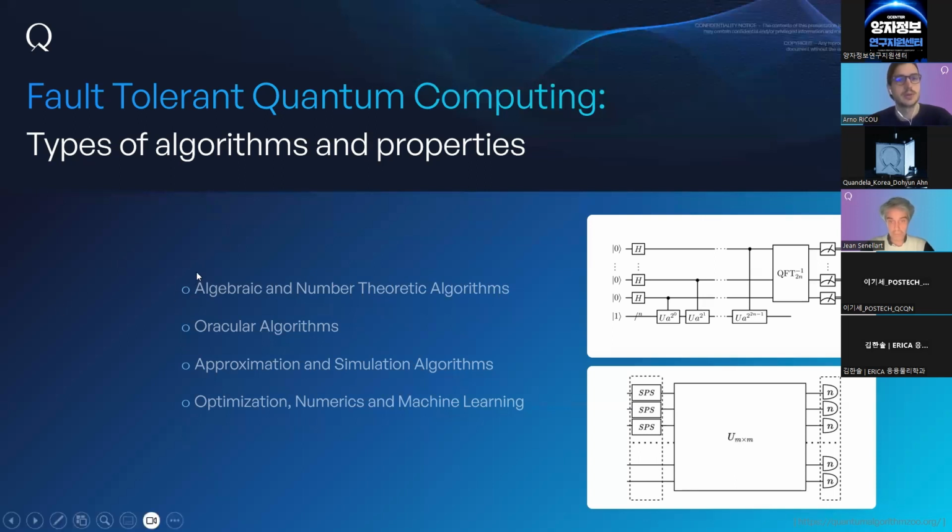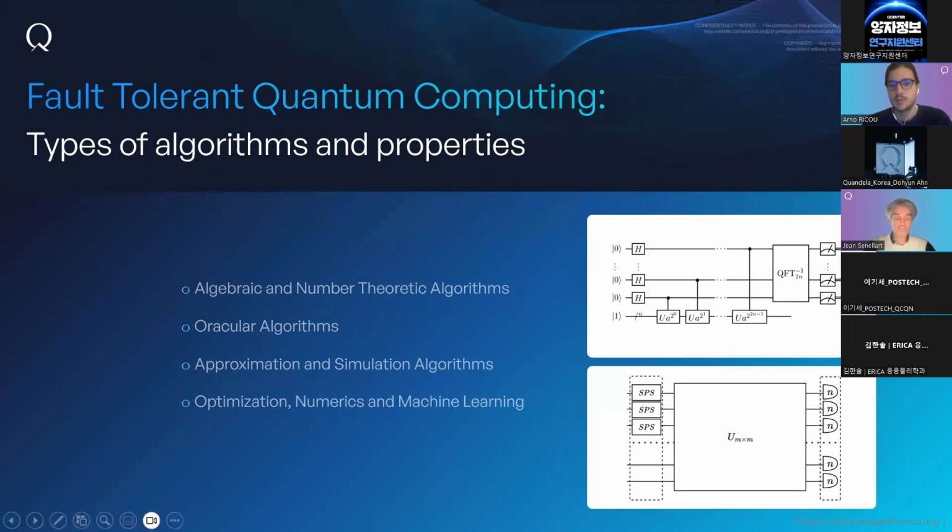Now we're going to talk about famous fault-tolerant quantum algorithms, and they can be described in 4 classes. First, the algebraic and number theoretic algorithms, like Shor's algorithm. Then oracular algorithms, like Grover's, approximation and simulation algorithms, and then optimization, numerics and machine learning algorithms.